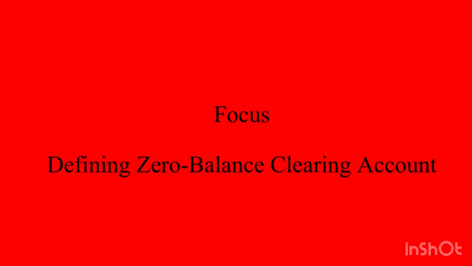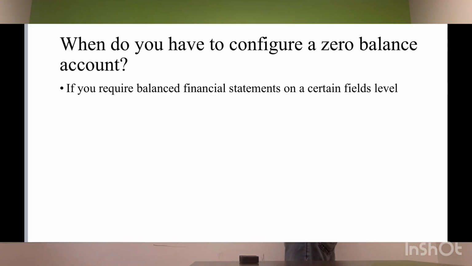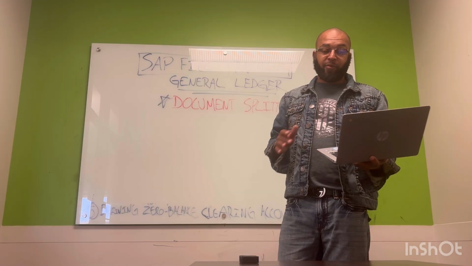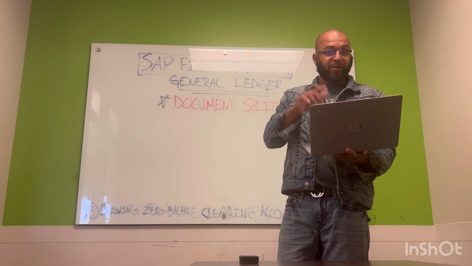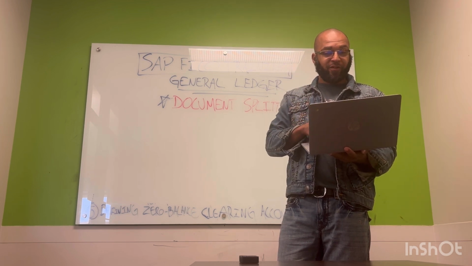Last section, defining zero balance clearing account. Question, when do you have to configure a zero balance account? If you require balanced financial statements on a certain field's level. Remember fields definition? Drop in the comments if you remember the fields definition.